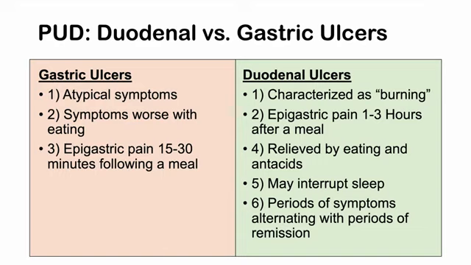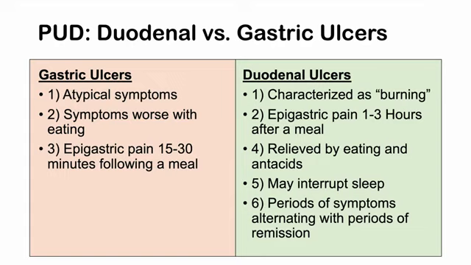So you can imagine that an individual eats, their stomach holds onto those gastric contents for a time in order for proper digestion to occur, and gastric contents like chyme are slowly released into the duodenum, or the first part of the small intestine. And that takes roughly a few hours. So that's why we can see epigastric pain or discomfort occurring roughly 1 to 3 hours after a meal.